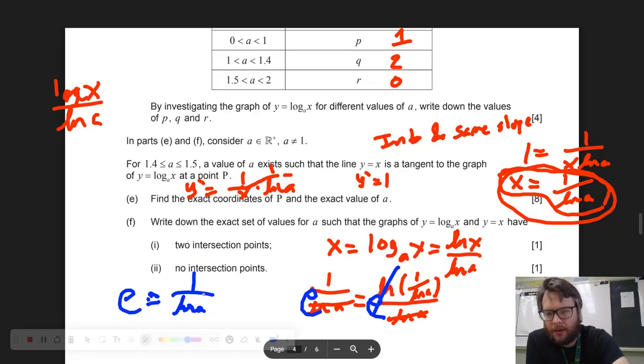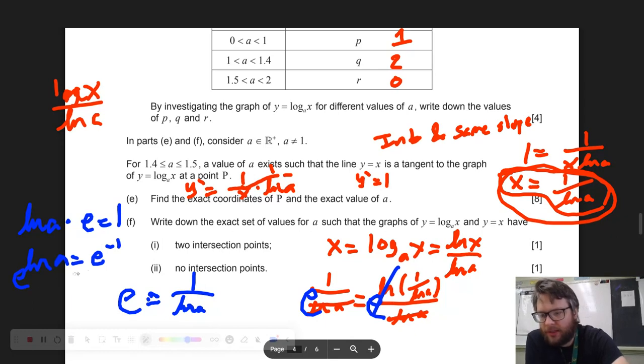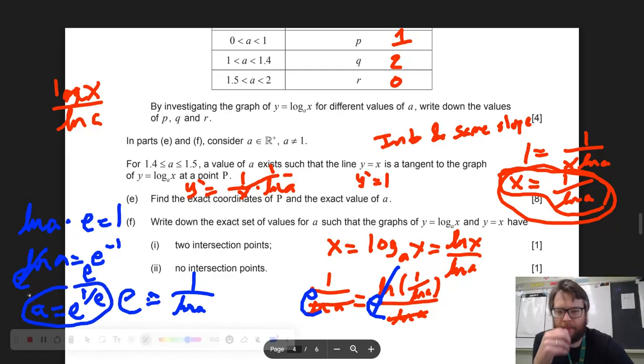Let's multiply both sides by ln a. Remember, we're trying to solve for a. So we divide by e, which makes it e to the negative 1. Then we do it again, e to the left side, e to the right side. So we have a equals e to the 1 over e, or e to the negative 1 power.